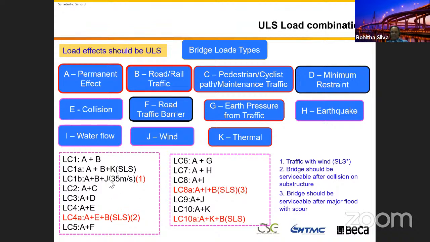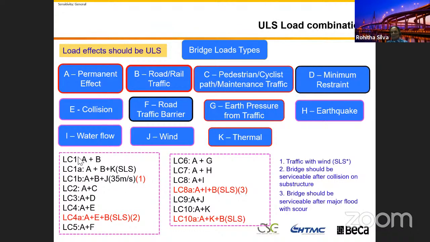Give it a try with the horizontal forces due to the traffic load, but this condition is a special one they call 35 meters per second, that's still 100 kilometers per hour. That's not quite uncommon in Australia, and this wind you apply on your structure.